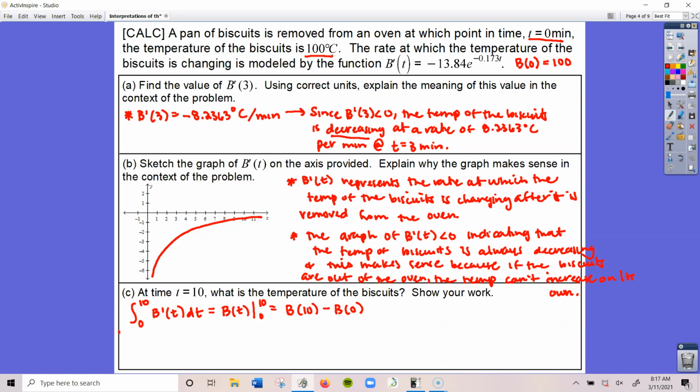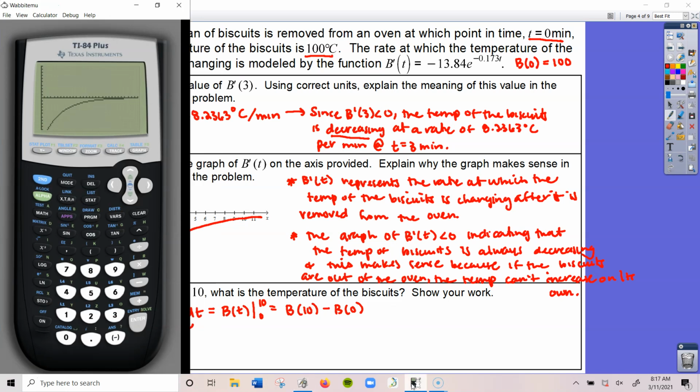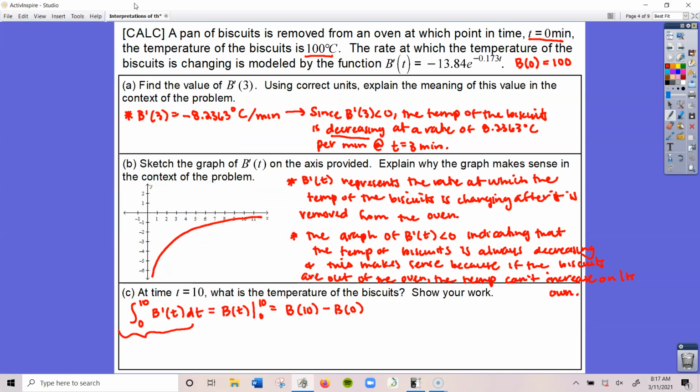So I can get this value from my calculator, because again, the calculator can find the integral on its own. So I'm going to go to second calc, option 7. My lower limit is 0. My upper limit is 10. And I get the value negative 65.8172.